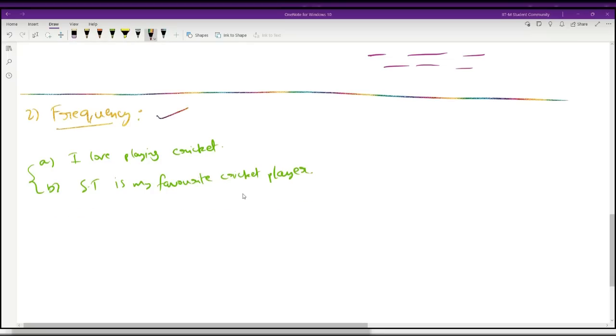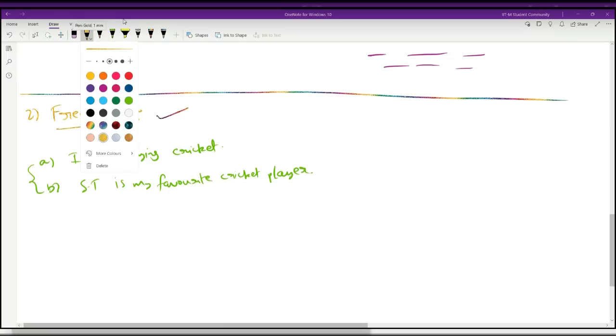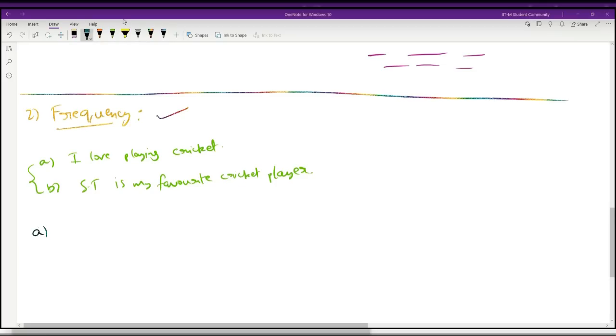Now let us consider, I love playing cricket.